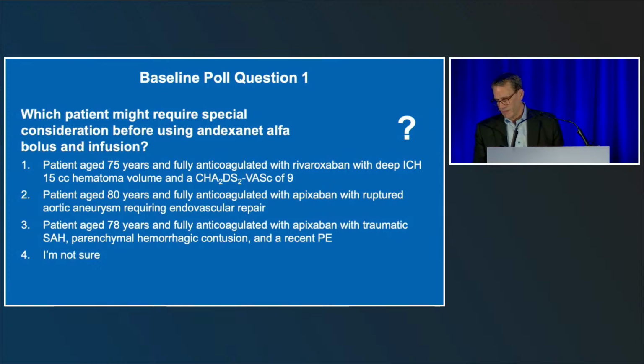Number two, a patient 80 years old, fully anticoagulated with apixaban with a ruptured AAA and in need of endovascular repair. Or a patient who's 78 years old and fully anticoagulated with apixaban with one of these wispy traumatic subarachnoids, some parenchymal contusion, and a recent PE. And it's always an out, right? There's always, I'm not sure, that's fine, but it's a cop-out. Don't cop out.